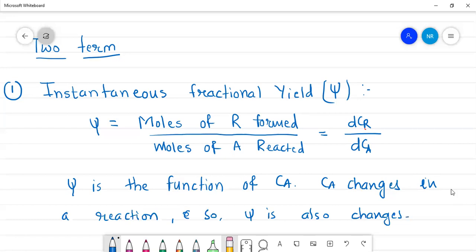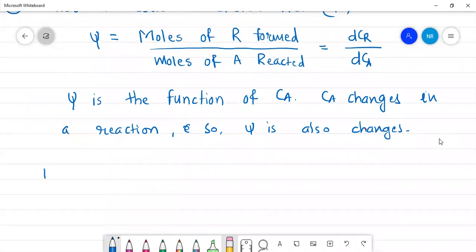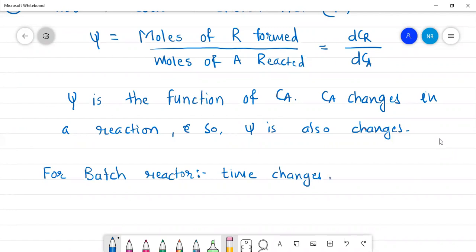Now if I am using a batch reactor, with time the concentration changes, which means psi changes.